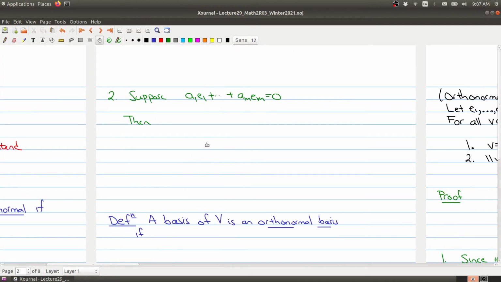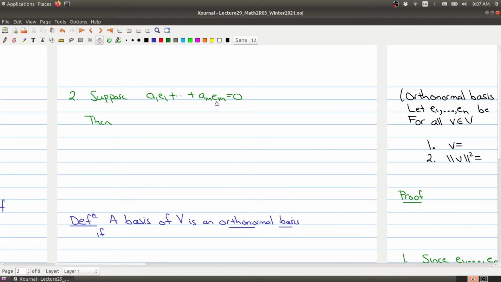What about the second property? Let's say a linear combination of the vectors gives me 0, and my goal is to show that each of these coefficients is 0. Because this is the zero vector, we know that 0 equals the norm of 0, which equals the norm of this vector. We can actually put squares here; it doesn't change any of the values.